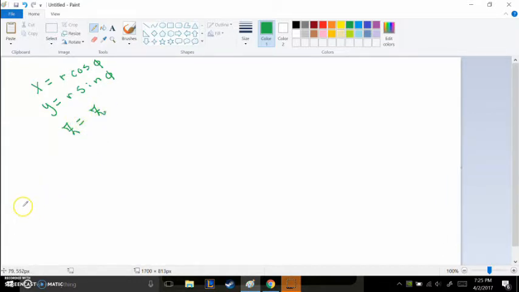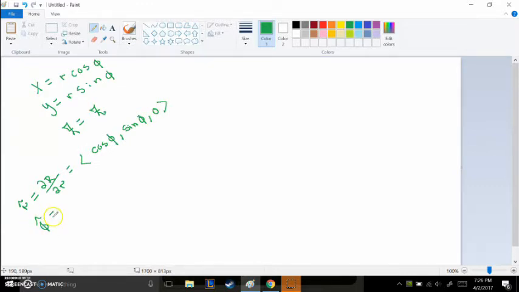When we did the unit vectors, we said that r hat is equal to the change in r with respect to r, which came out to being cosine phi in the x direction, sine phi in the y direction, and 0 in the z direction.